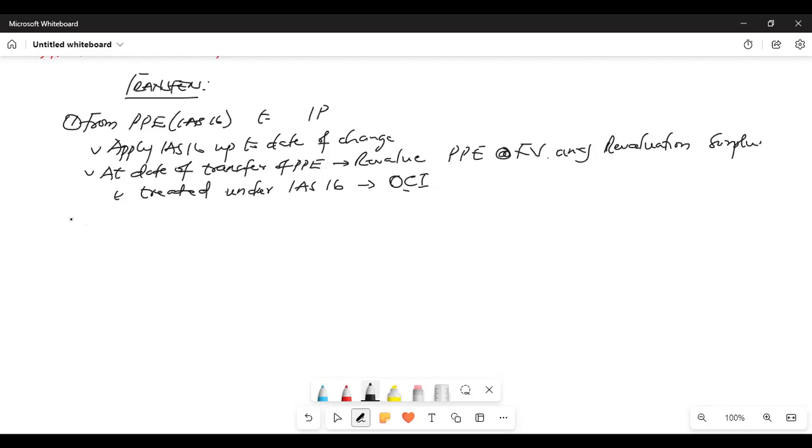So number two, from the revaluation date, as you have finished doing the transfer, from that date going, it now becomes an IAS 40.